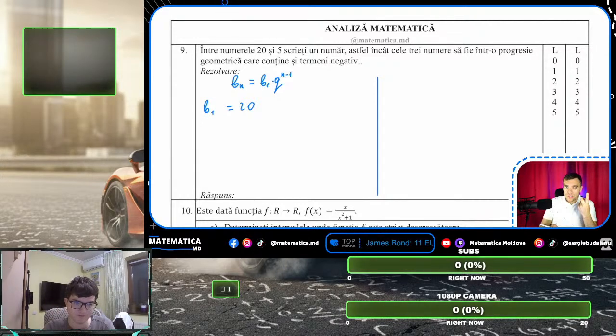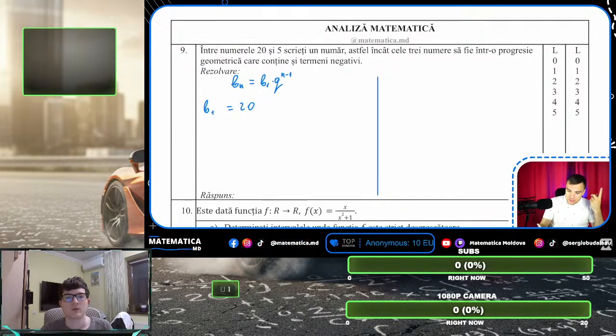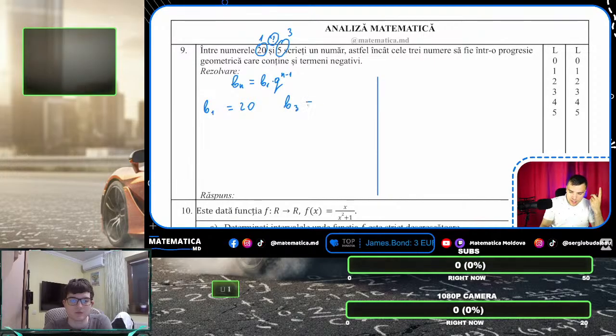B1, that's perhaps 20. I don't know how this one's done. N is 1, so 1 minus 1, 0 there, stuff like that. Q is 5, I don't know, 15 or what, because there's a 15 difference between them. Write a number. So B3.